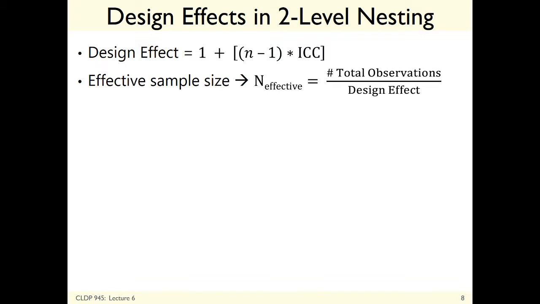However, let's say that I have an intraclass correlation of 1. What would that mean? All between, which would give me a design effect of 2. So my effective sample size is the total number of people divided by 2, which is the number of couples.